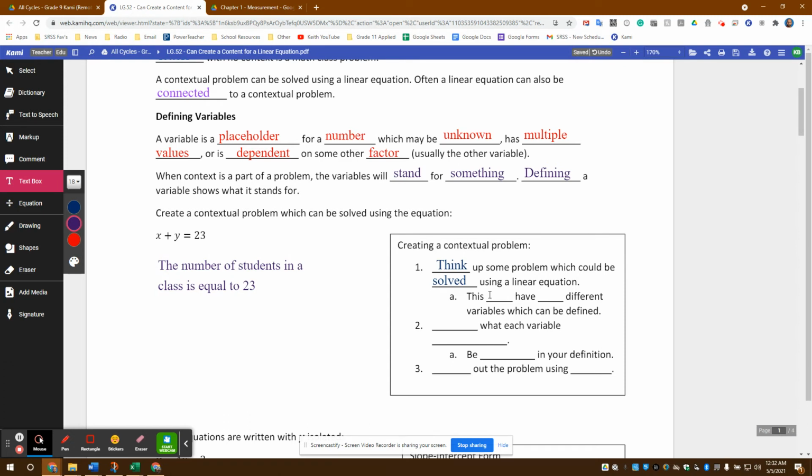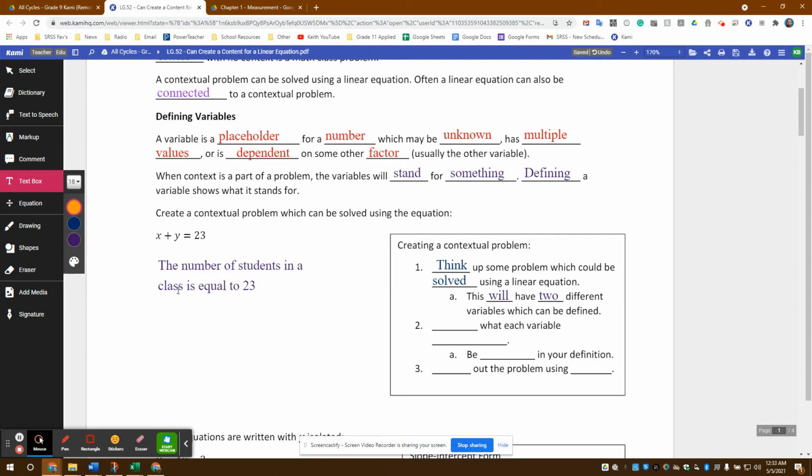Now, this problem will have two different variables which can be defined. In this case, we have to think of two different things which add up to be 23 students. That's at least what I'm going to go with.